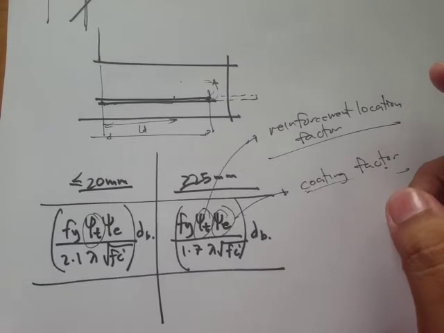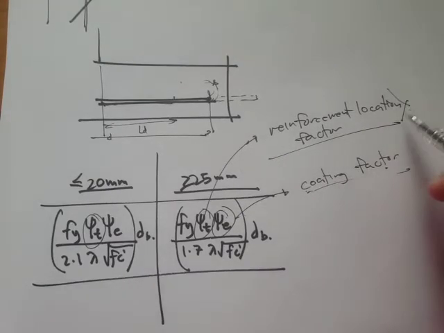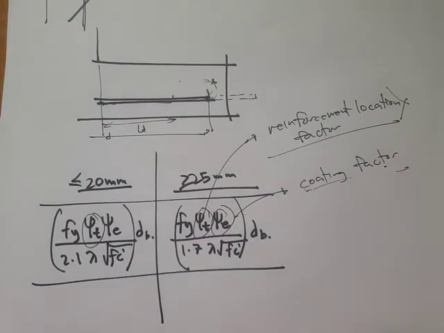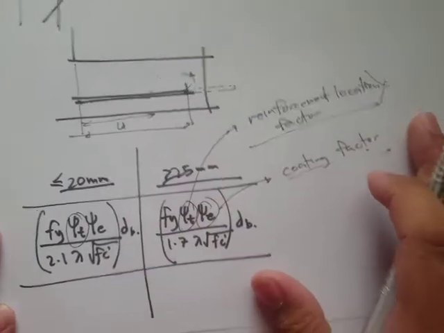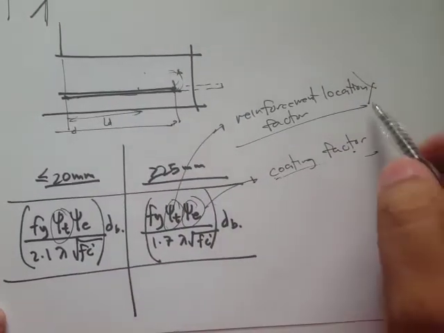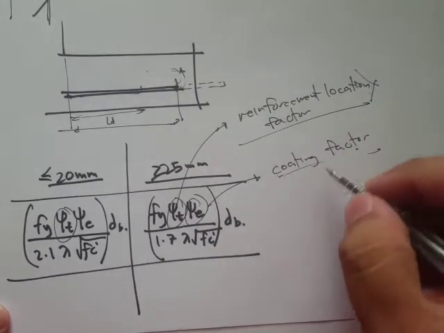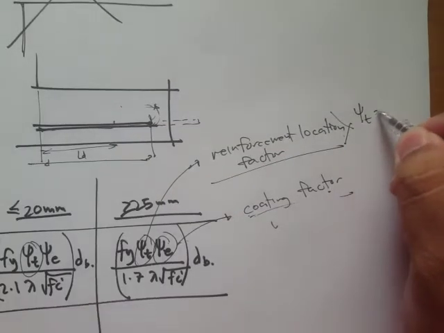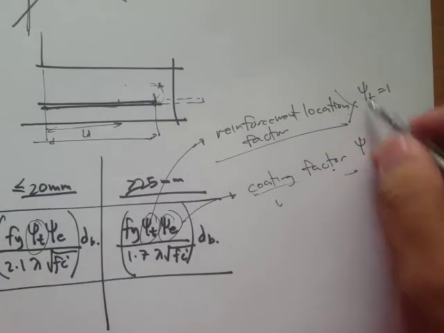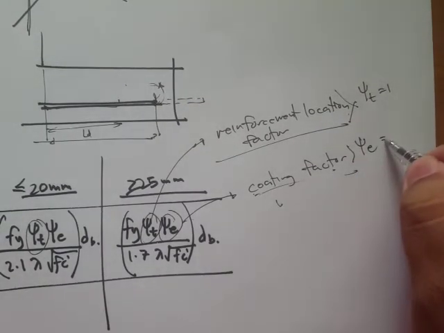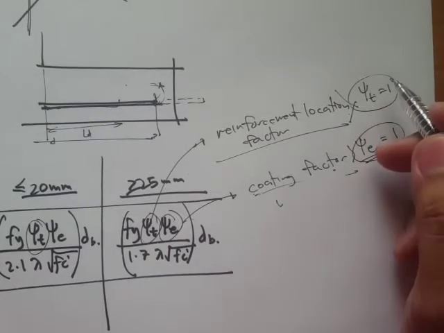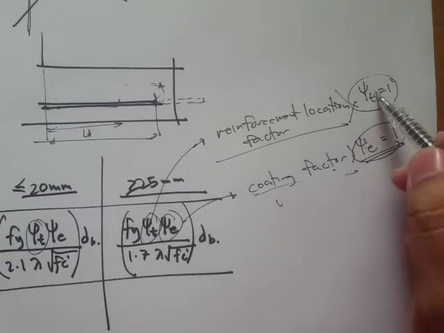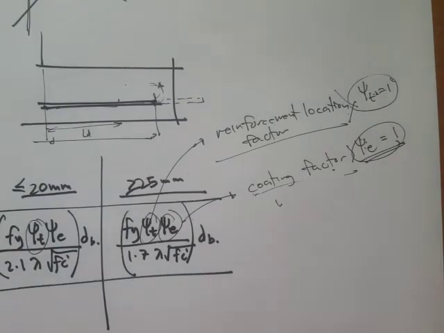Basically they're just factors, and their values can be found in NSCP. But in our course, we're not going to delve into the details, and unless otherwise specified, we'll just use psi sub t equal to 1 and psi sub e equal to 1. If these parameters are not specified, we'll just use the value 1.